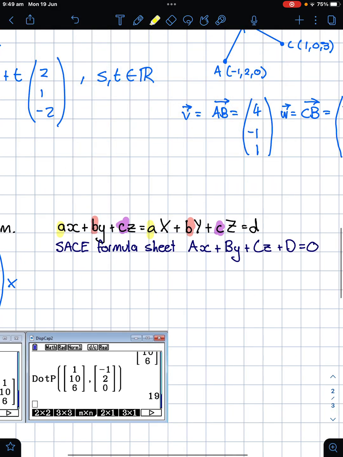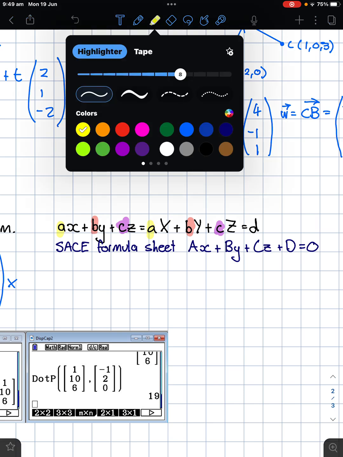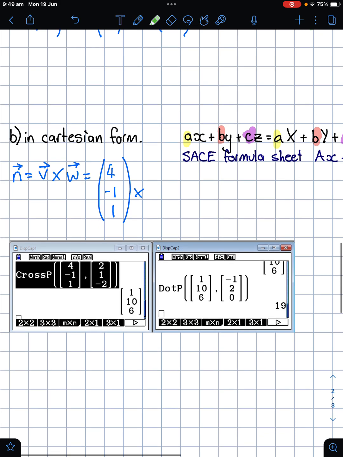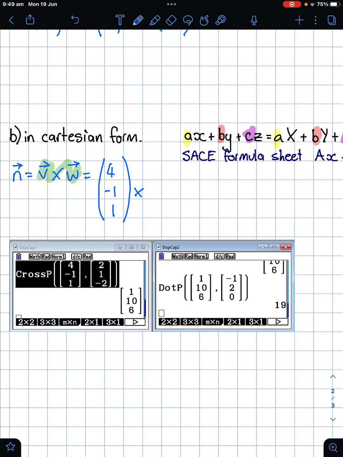V and W, we've just used them for here, and W is (2, 1, -2).